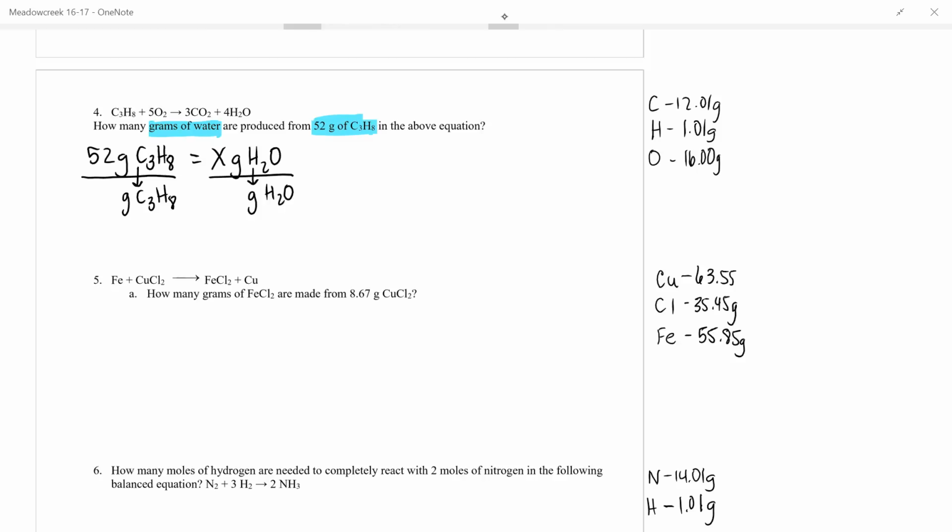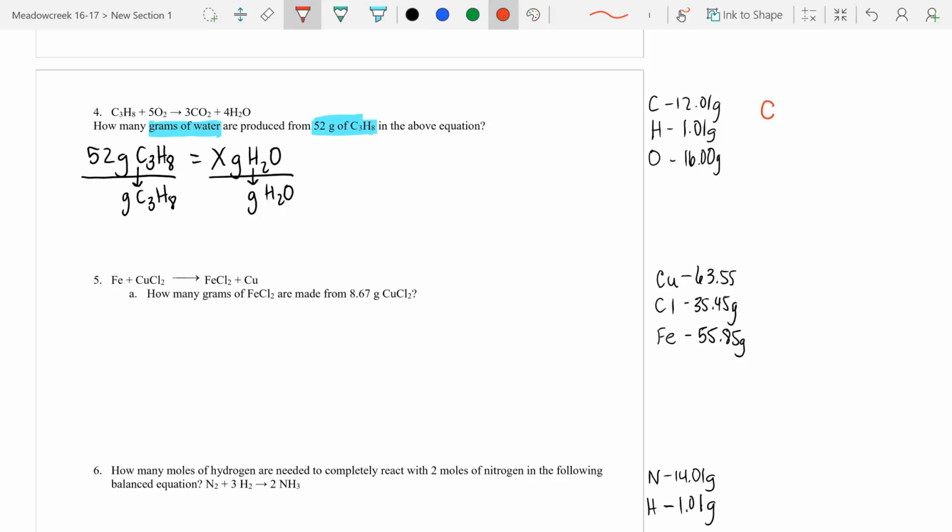So the first one I'm going to calculate is C3H8. I have carbon and hydrogen. I have 3 carbons and 8 hydrogens. I multiply them by the mass on the periodic table, which is 12.01 and 1.01. So 3 times 12.01 is 36.03, and 8 times 1.01 is 8.08.